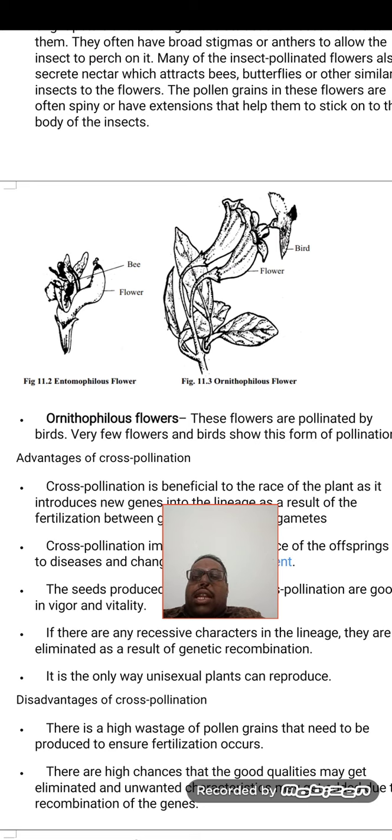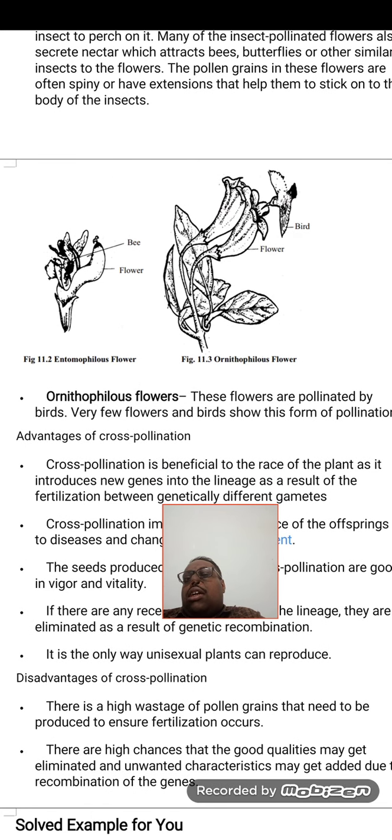But if pollination takes place, there are a lot of advantages. Whenever pollination takes place between two different species, a new genetic variety comes, their survival is very good, and it is very good for unisexual plants to undergo reproduction.